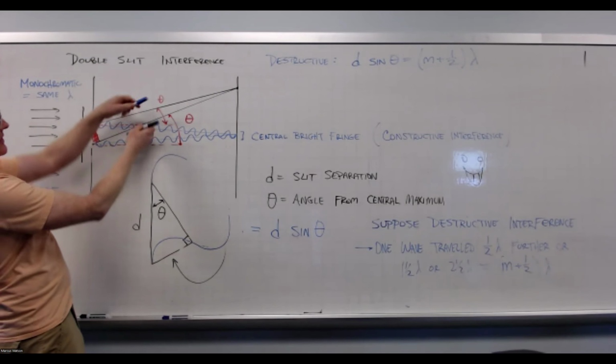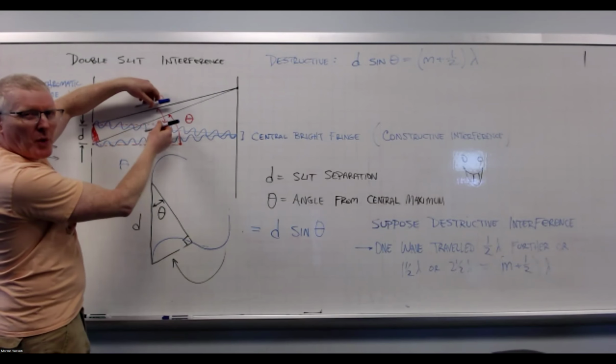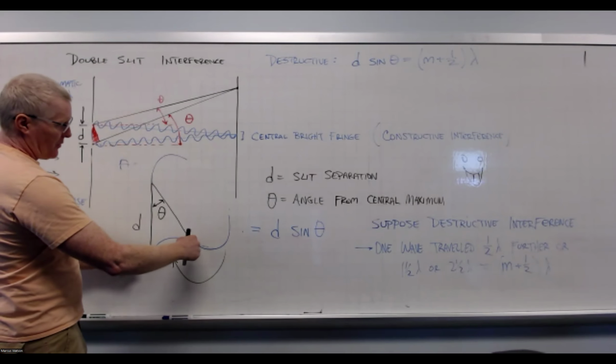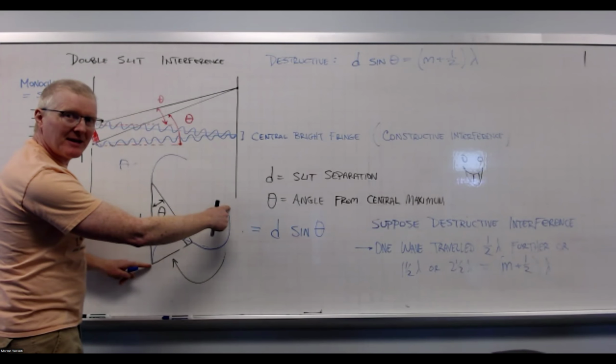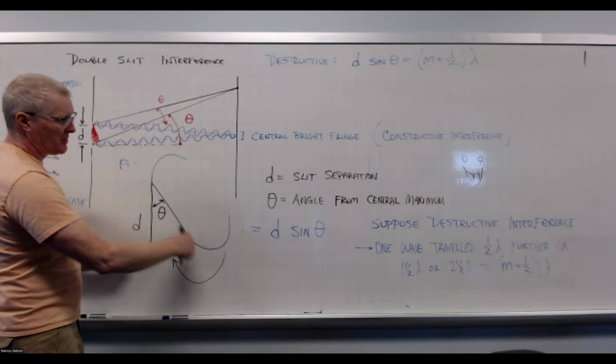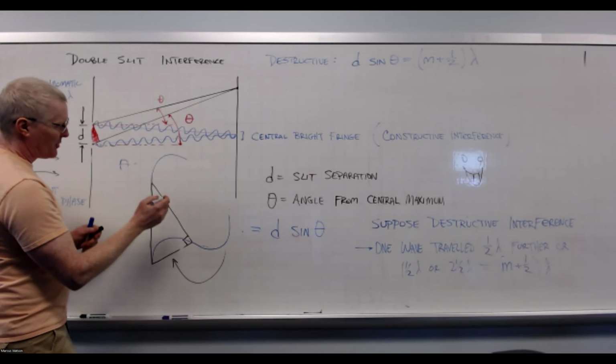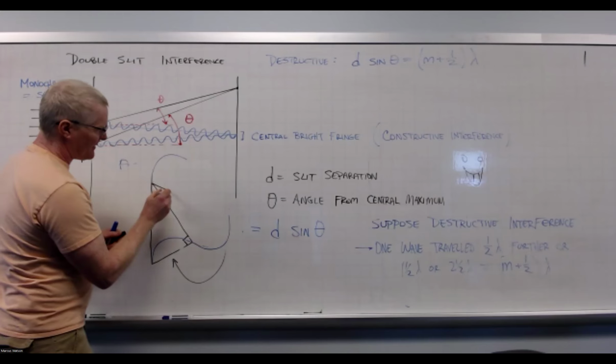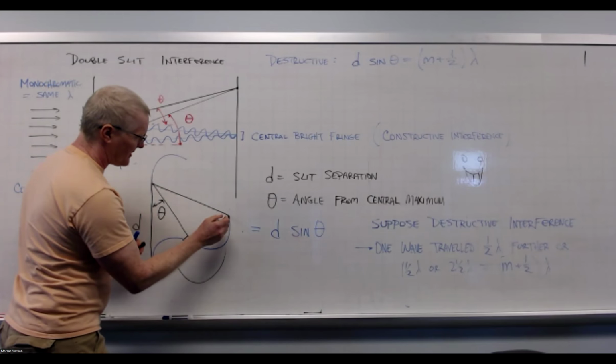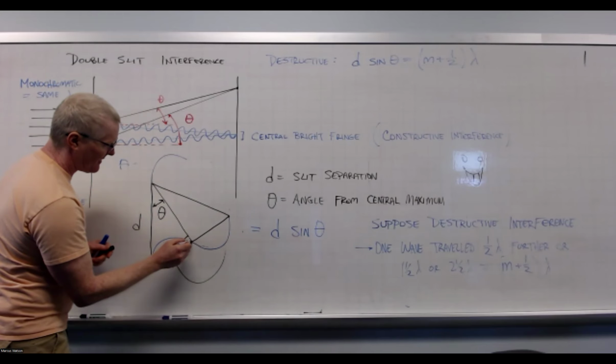Okay, so if I go up to almost twice the angle, I will have made this just about twice as big, and therefore it should be about 1 full wavelength. So this is 1 full wavelength now, and suppose that my path length difference looked like this, all the way out to here and all the way back to there.